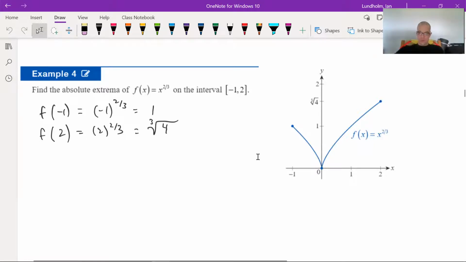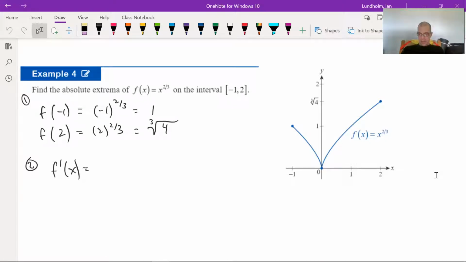All right, and so that matches up with what we see on that graph. I guess the final one would be, those are testing the endpoints. We'd need to test our critical points now, or at least find them.